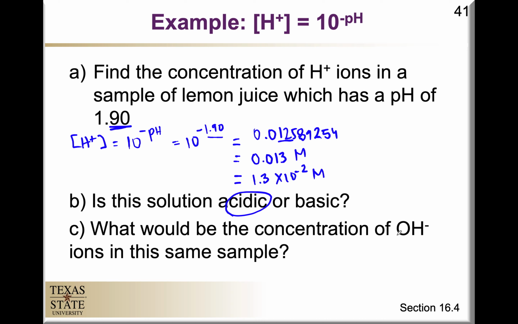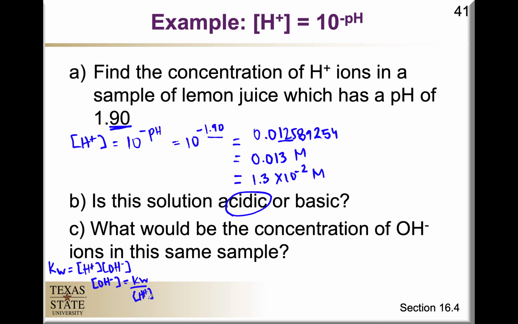And there are two ways to solve this particular problem. One of the ways is to use the KW equation. Remember that KW is equal to the hydrogen ion concentration times the hydroxide ion concentration. Therefore, my hydroxide ion concentration is going to be equal to KW divided by hydrogen ion concentration.